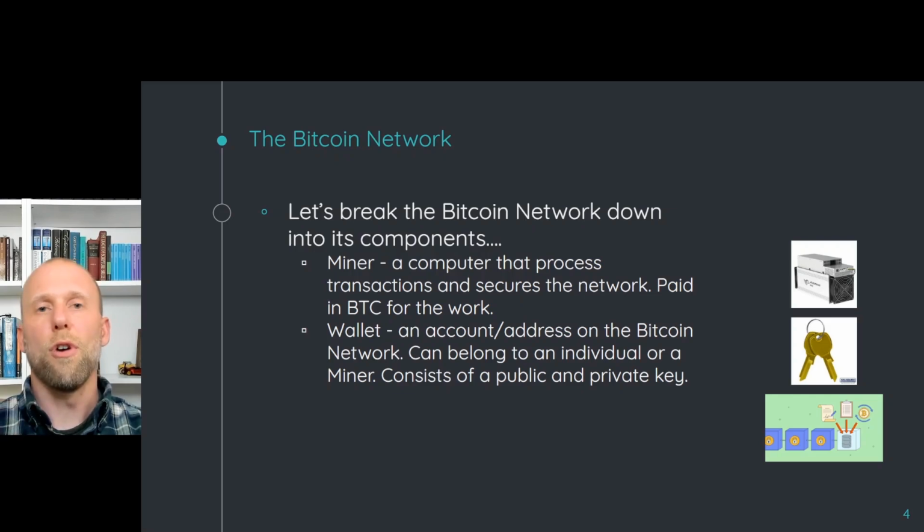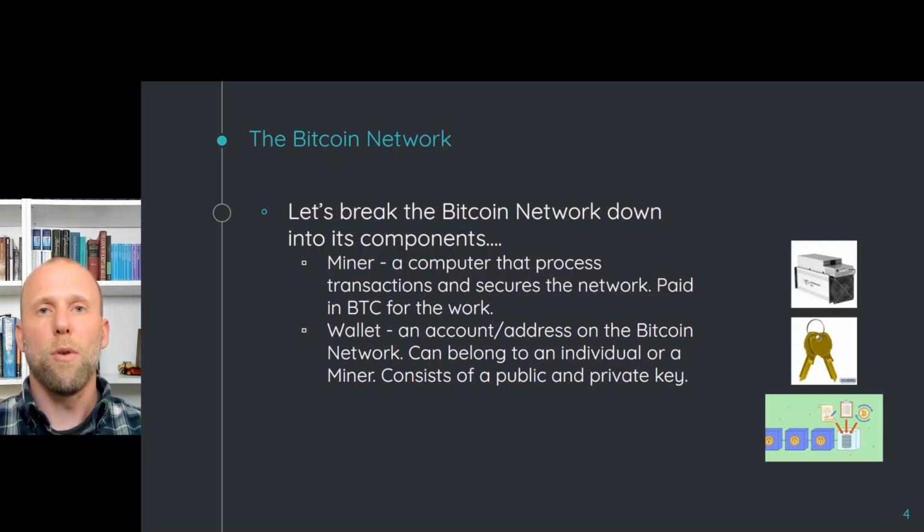What you would store on a flash drive is your private key, okay? And the private key means that you are able to access that account. Public key is what anyone can see to send Bitcoin to transact with you, but the private key is what unlocks that account to be able to move Bitcoin from it if you want to.